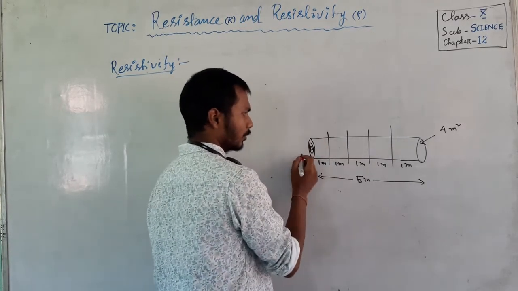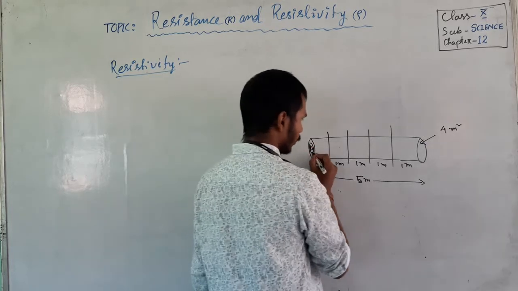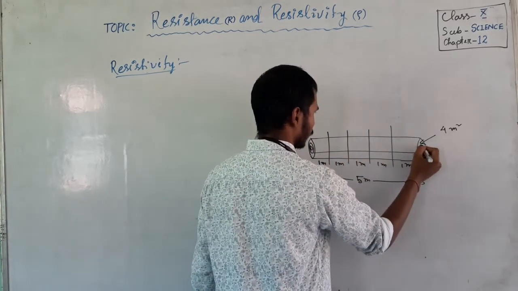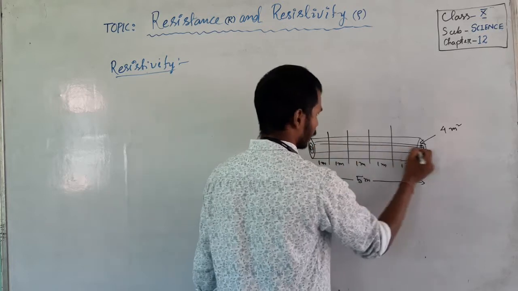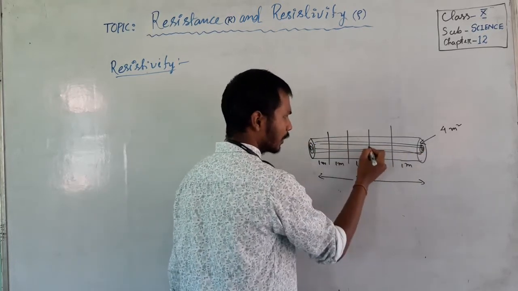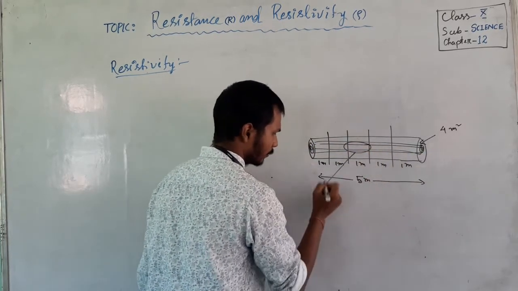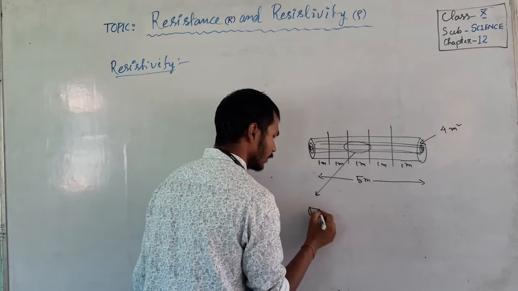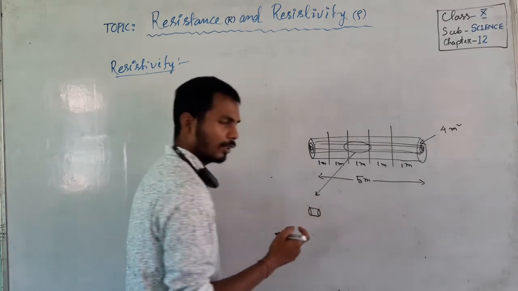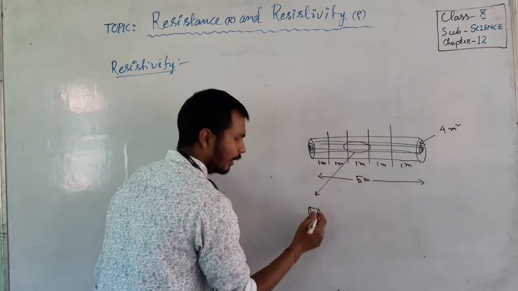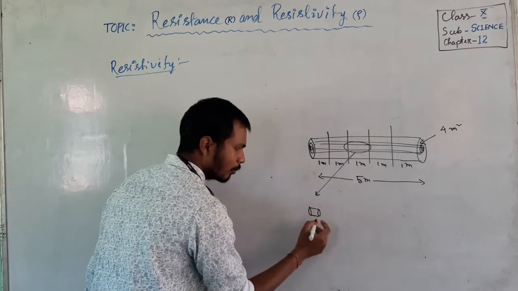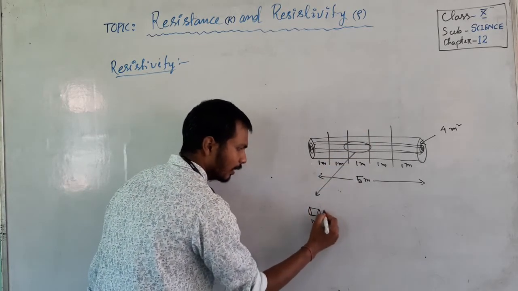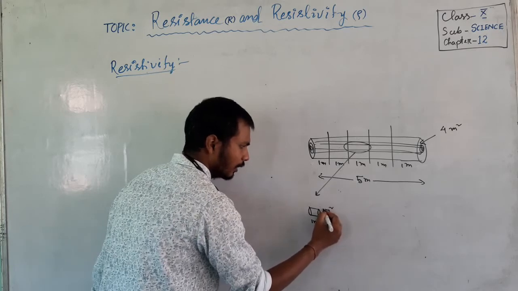Okay. If you just consider a small part, you will get it like this. Means this is a small part of this wire, and the dimension of this small part is 1 meter length and 1 meter square area.